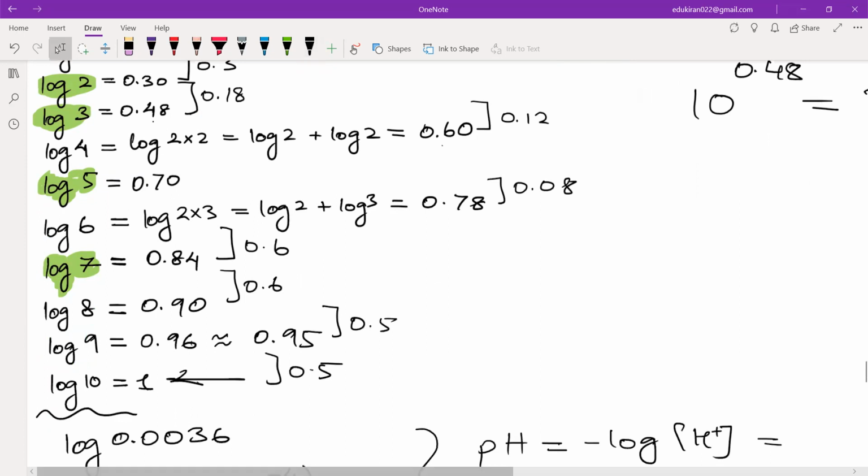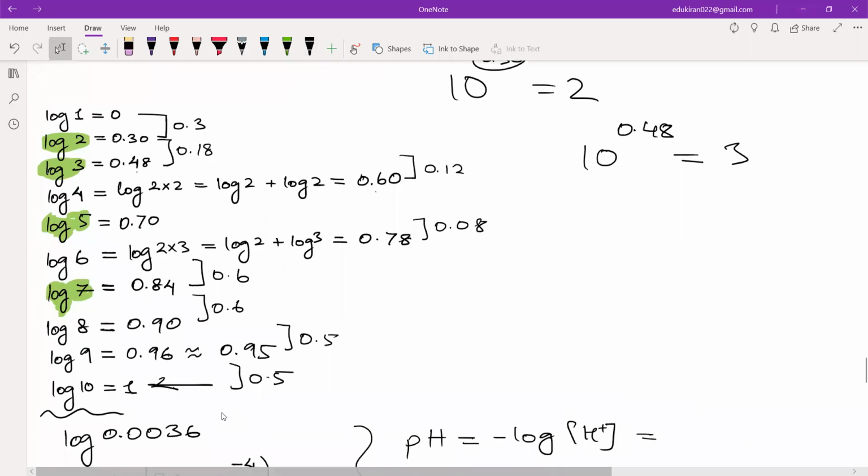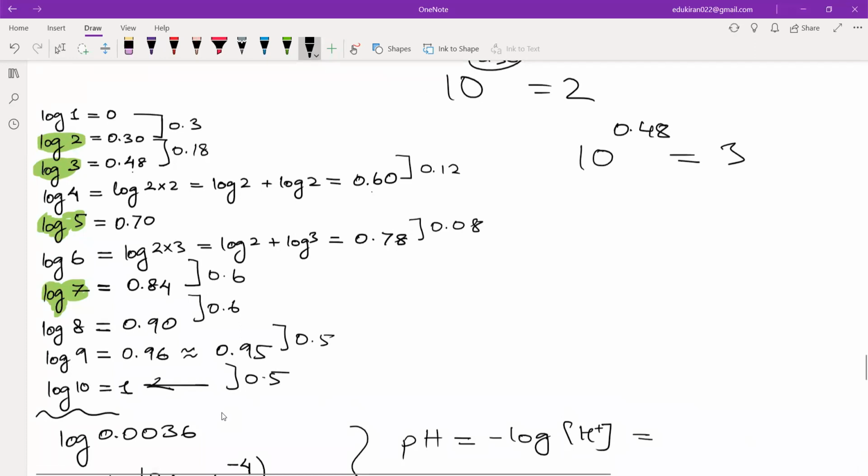So I can see that successively, the values of log of whole numbers tend to decrease. Yes or no? Yes, sir. Okay.